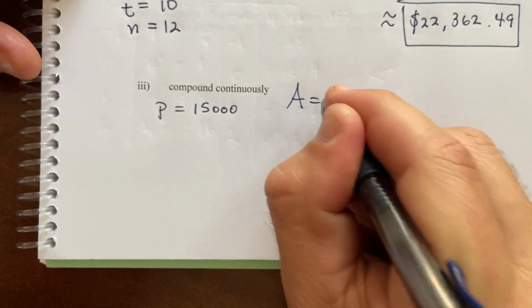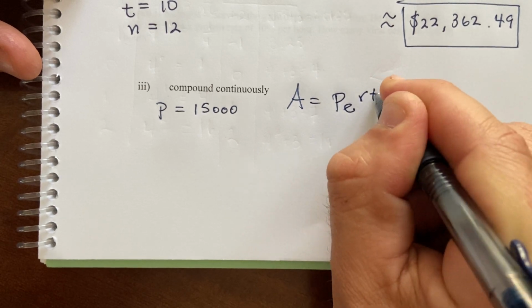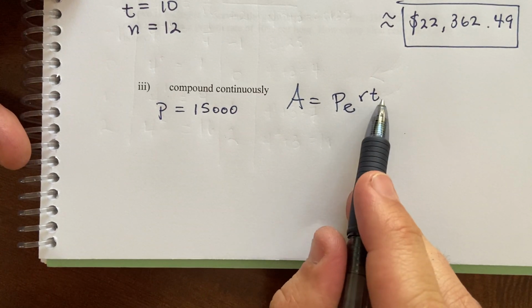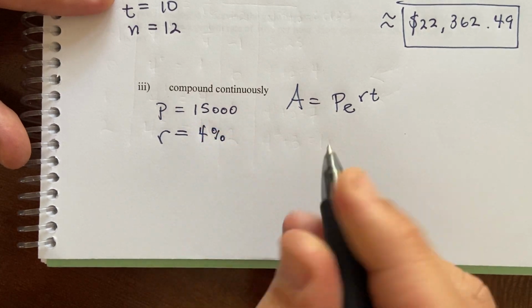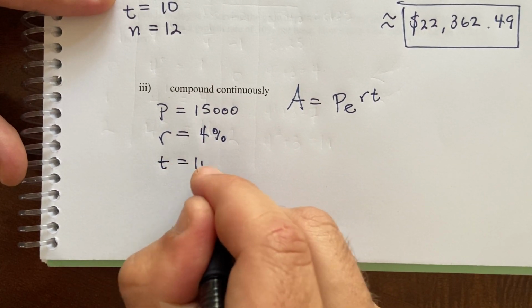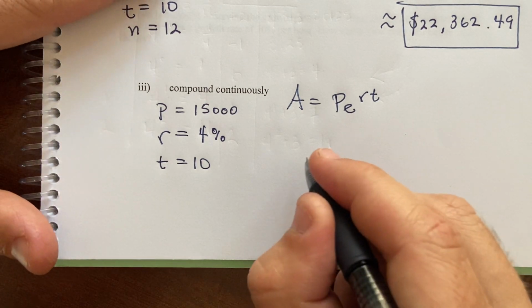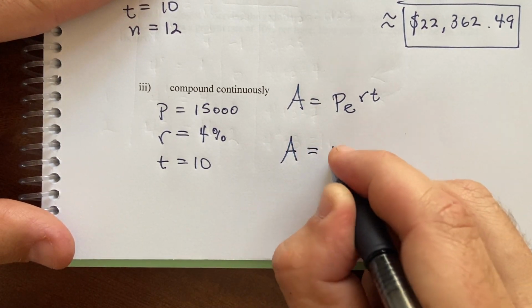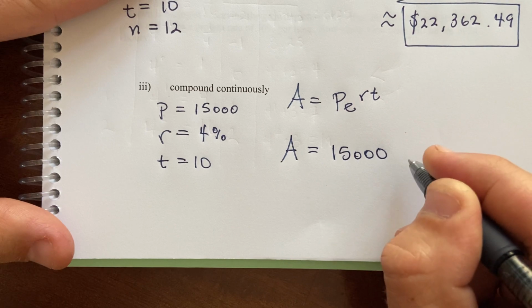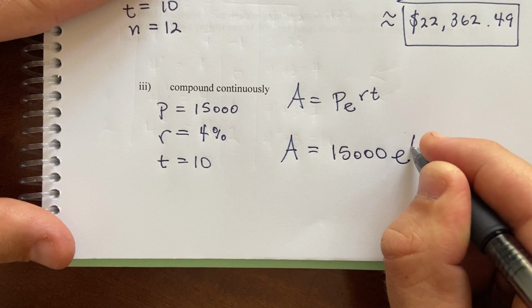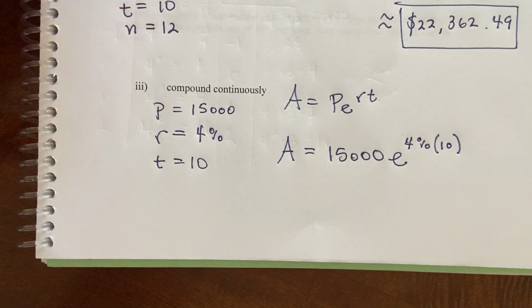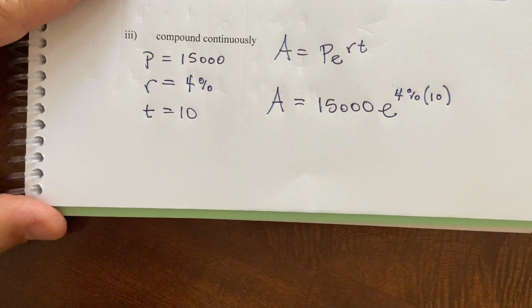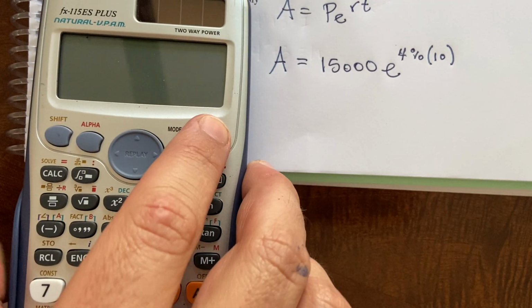And for A equals P times E raised to the RT, we just need R and T. R is 4%, and T is still this 10 years. So let's see what the amount would be. So 15,000 times E raised to the 4% times 10. So that E is a known number. That's Euler's number.